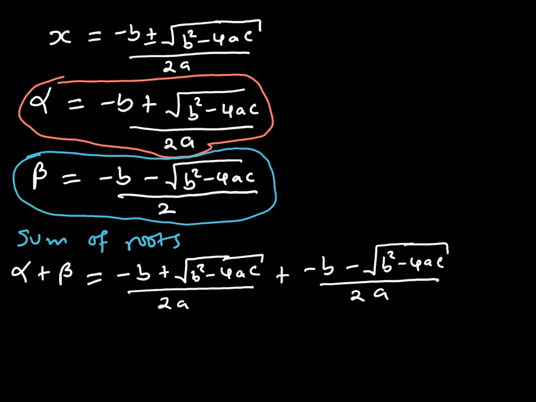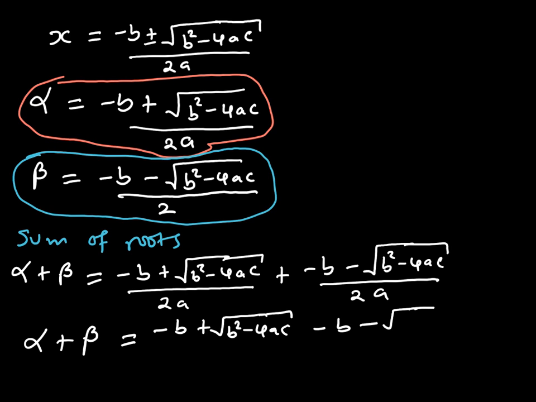And you discover that alpha plus beta, which is the sum of roots, since the denominators are the same, we can go ahead and add. We have minus b plus the square root of b squared minus 4ac, and another minus b minus the square root of b squared minus 4ac, divide this by 2a. So this will cancel out. And what do we get?